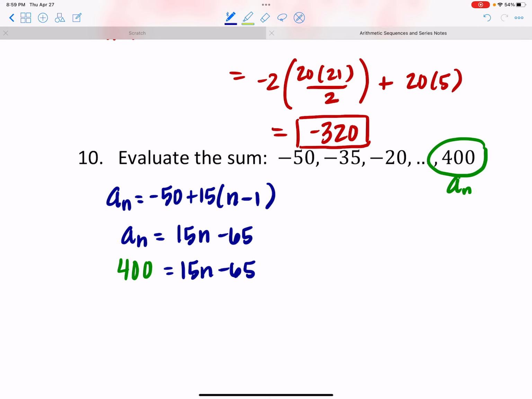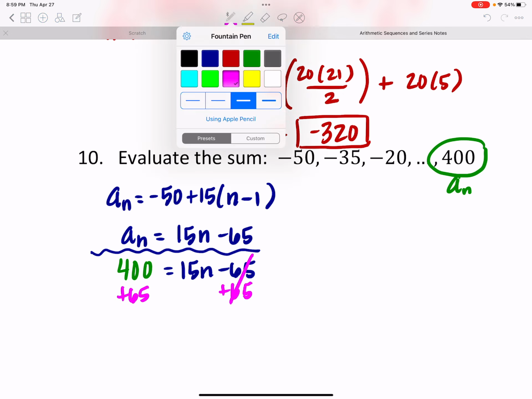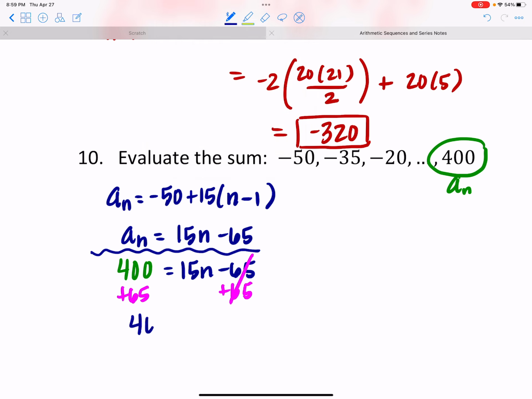And so I add the 65 over, so I get 465. Let me just separate this. Okay, add the 65 over. I'm skipping too many steps. Let me show some work. So I have 465 equal to 15n, and then divide by 15. So 15 goes into 46, what, 3 times? Would be 1 left over, plus the 5 is 15, so 31.